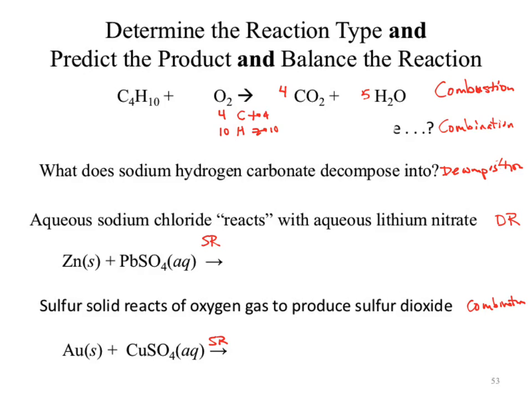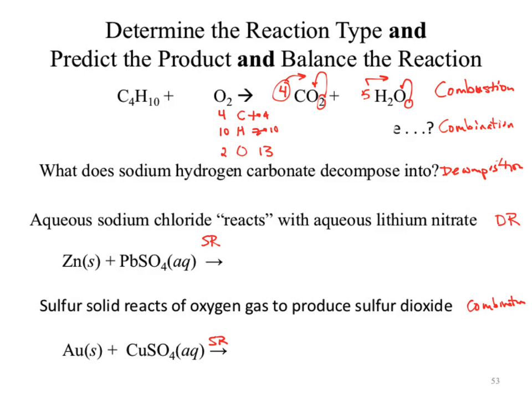Put a 5 in front. Oxygen, left 2, right. There's 2, but 4 of those, which means 8. And then there's 1, but 5 of those, which means 13.